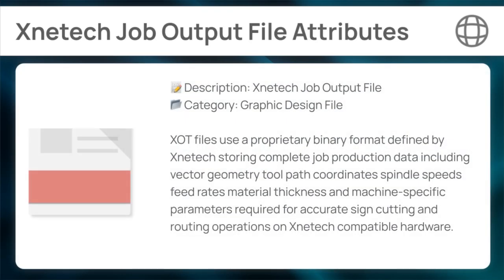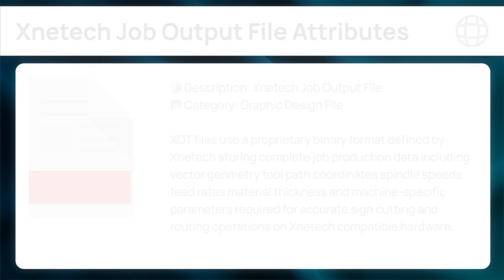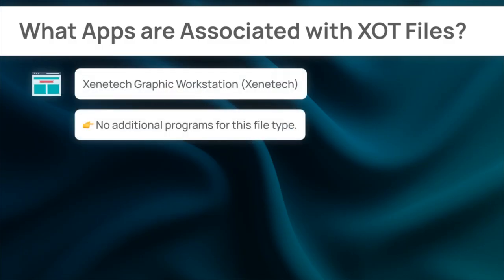XOT files use a proprietary binary format defined by Xnetech, storing complete job production data, including vector geometry, toolpath, coordinates, spindle speeds, feed rates, material thickness, and machine-specific parameters required for accurate sign cutting and routing operations on Xnetech compatible hardware. Xnetech Graphic Workstation from Xnetech offers a certified solution for the XOT file type.